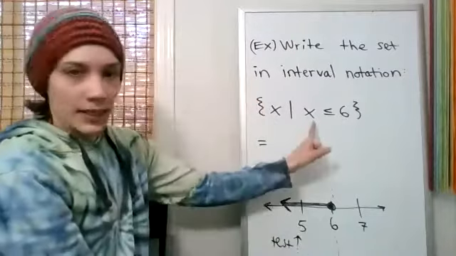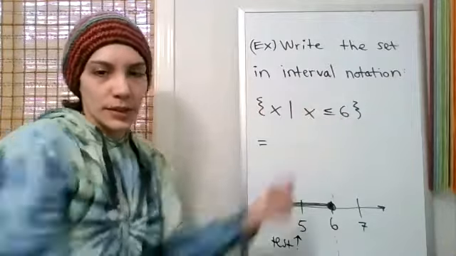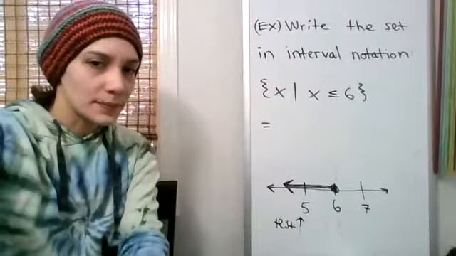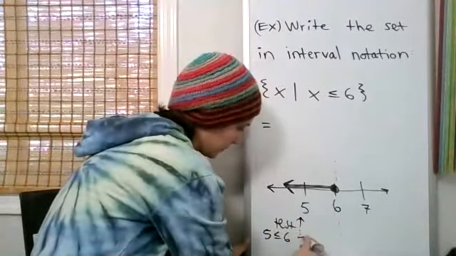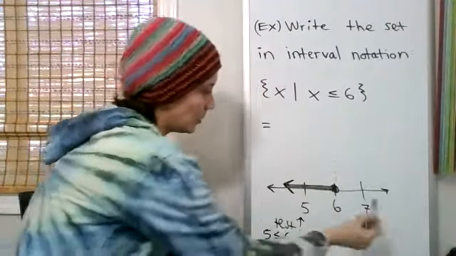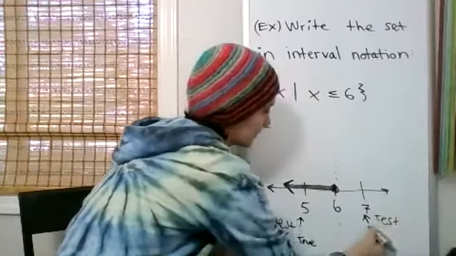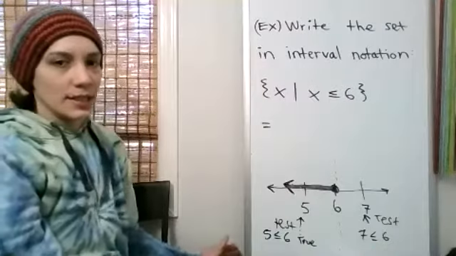Okay. 5 in this phrase would be 5 less than or equal to 6, which is true. So this is correct, and then we'll try 7. 7 less than or equal to 6 is false.